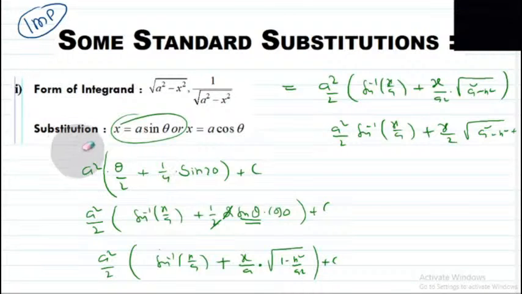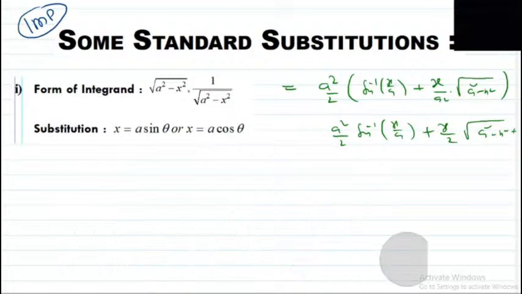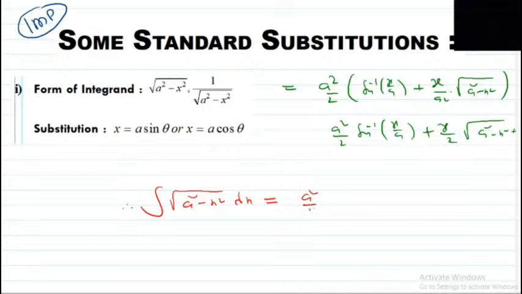Now onwards this is remembered as the integration of root over a square minus x square. Therefore integration of root over a square minus x square dx is remembered as a square by 2 into sin inverse of x by a plus x by 2 into root over a square minus x square plus c.